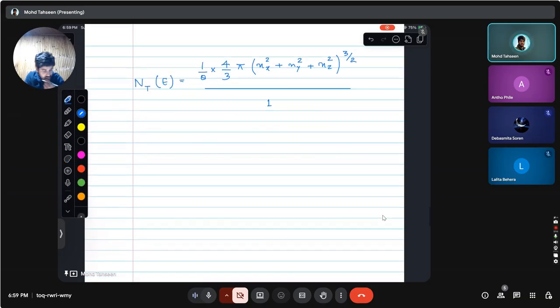If we simplify a little bit, for this entire expression I will write n square. nx square plus ny square plus nz square is equal to n square, and n square times 3 by 2, the 2 and 2 will cancel and only 3 will remain. Here also we can do some simplification. It will be 1 by 6.